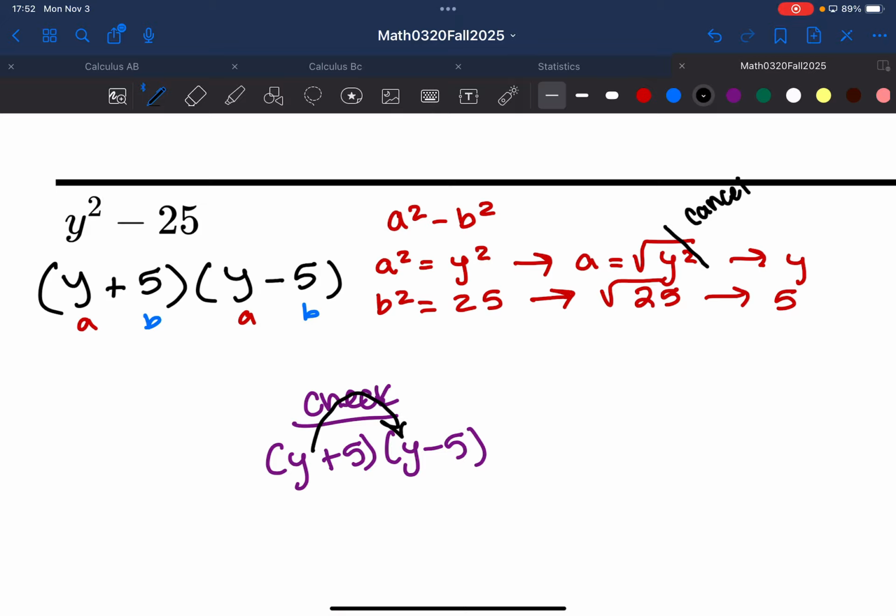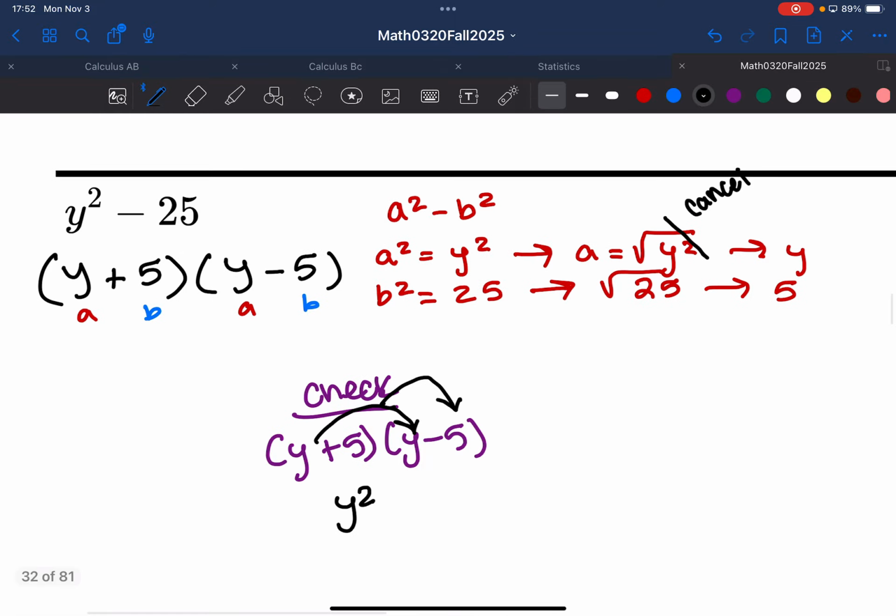So I would first do y times y, which is y squared, and then y times negative 5, which would give me negative 5y. Good.